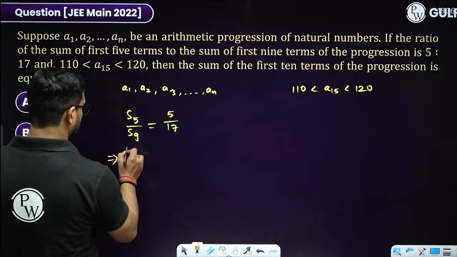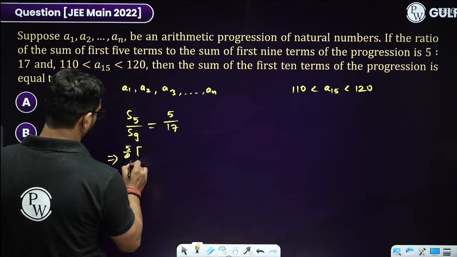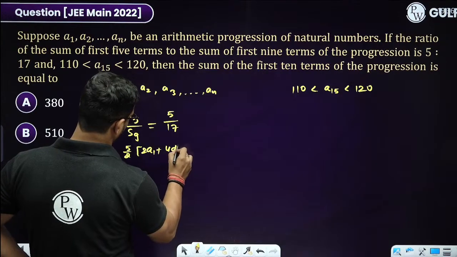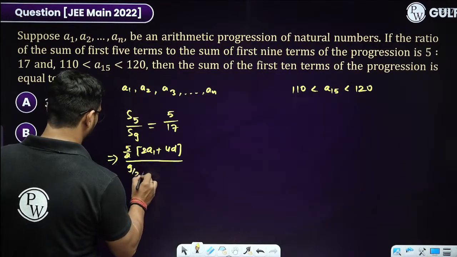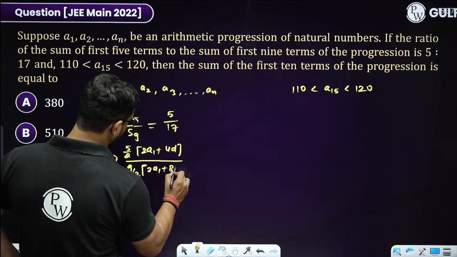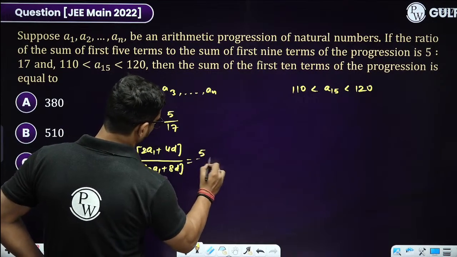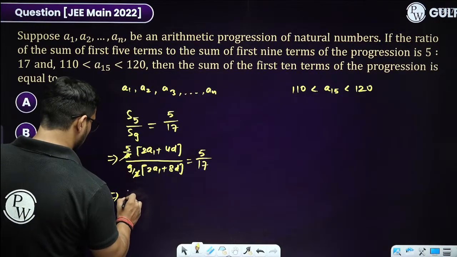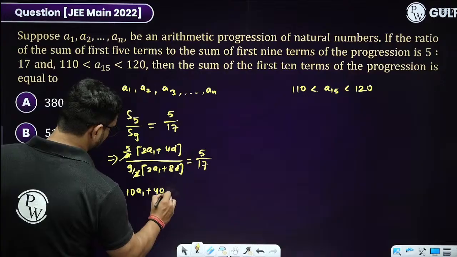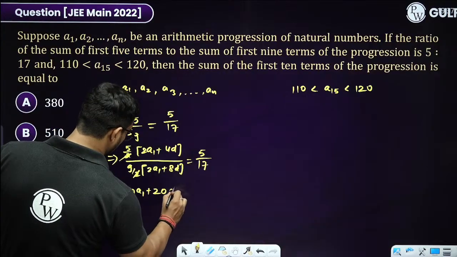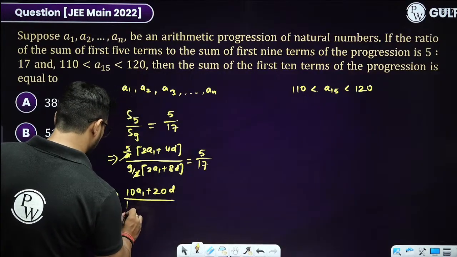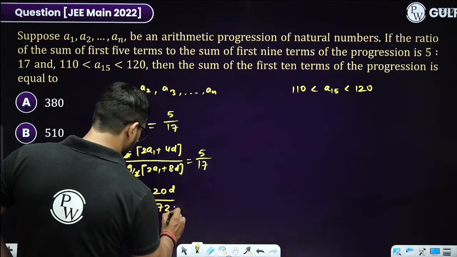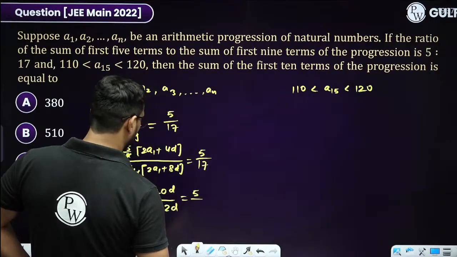I am taking 5 by 2, 2A1 plus 4D. Then we have 9 by 2, 2A1 plus 8D, and then 5 by 17. So just multiply by 5. So 10A1 plus 20D. Then we have 18A1 plus 72D.